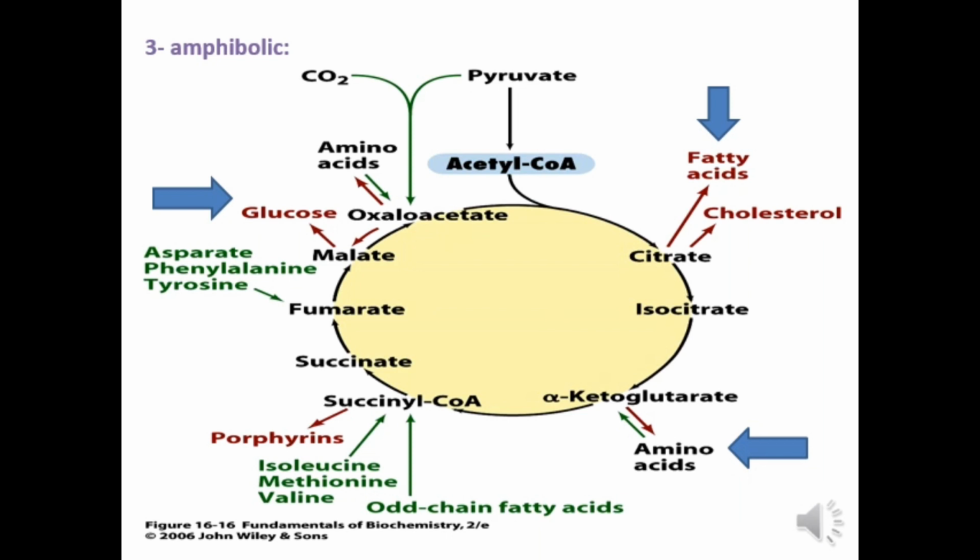For example, alpha-ketoglutarate from Krebs cycle, when it undergoes transamination, is converted into glutamate. That means when alpha-ketoglutarate accepts an amino group, it is converted into glutamate. And glutamate, when it loses its amino group, is converted back into alpha-ketoglutarate.